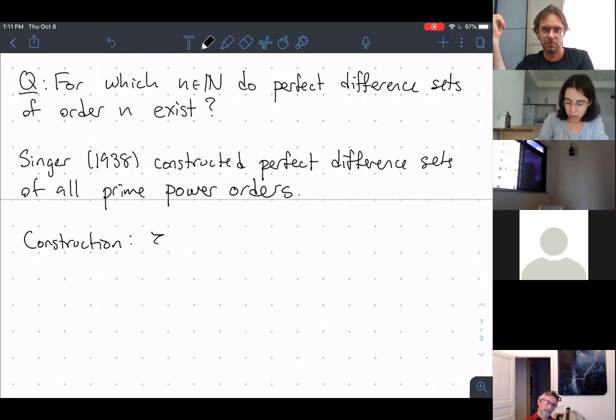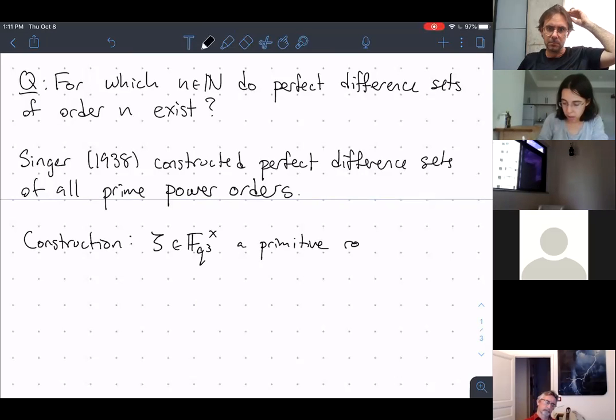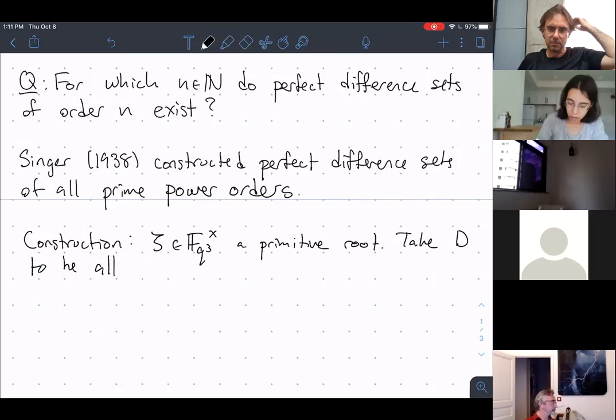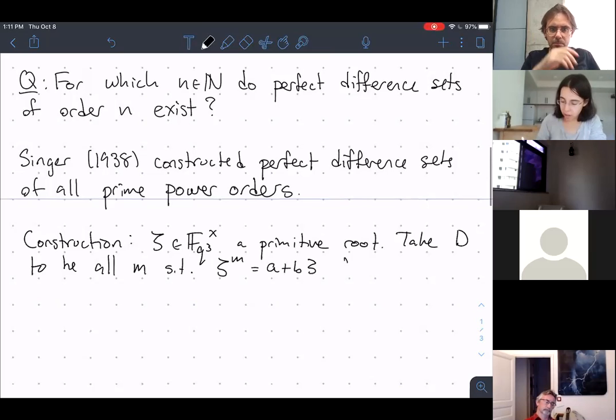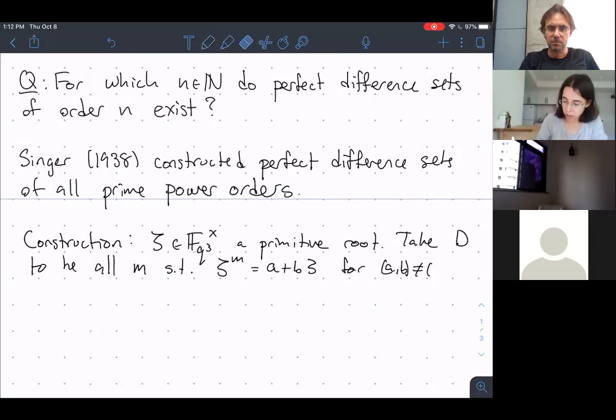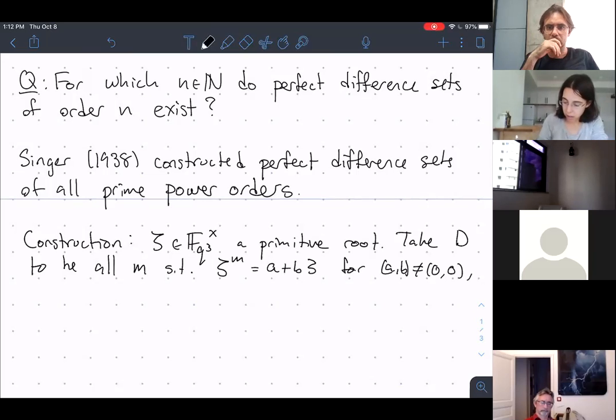So here's his construction. Let's say we want a perfect difference set of order q for q some prime power. What Singer did is take zeta to be a primitive root of F_q cubed. Then he took the difference set D to be all m such that zeta to the m can be written as a plus b zeta for some a and b, not both zero, along with 0.